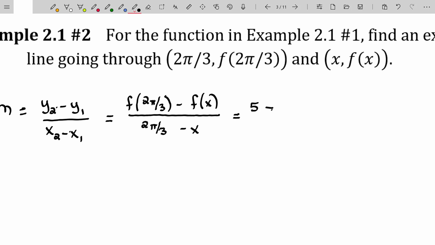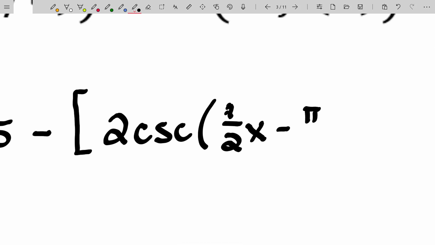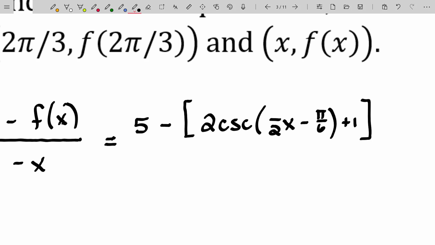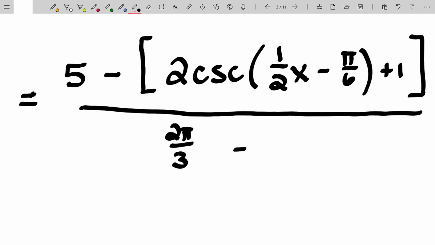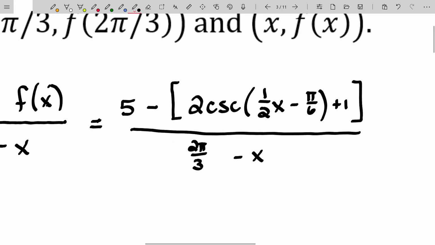Minus the function itself. So minus, I'm going to put this as a quantity, the quantity of 2 times the cosecant of 1/2 x minus pi over 6, and then plus 1. And that plus 1 is the reason why I put this second set of brackets on there, because you have to distribute that negative through in the numerator. In the denominator, we just have a simple 2 pi over 3 minus x. The next thing I'm going to do is distribute that negative through and combine like terms. That can be done in one step since you're in calculus.